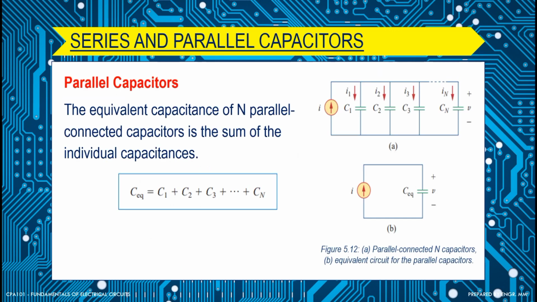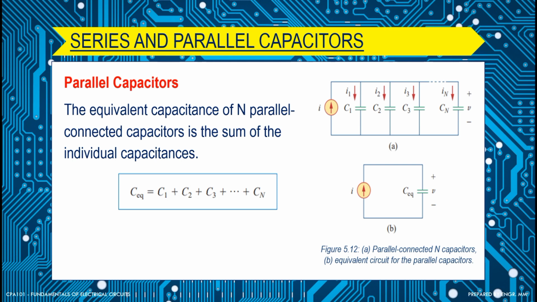We have here series and parallel capacitors. So we have parallel capacitors. The equivalent capacitance is just the same as how we get the equivalent resistance in series. So we'll just get the summation of the individual capacitances. So C equivalent equals C1 plus C2 plus C3 and so on and so forth.